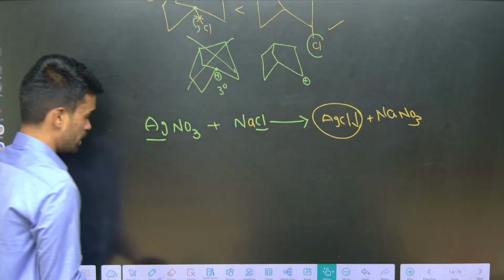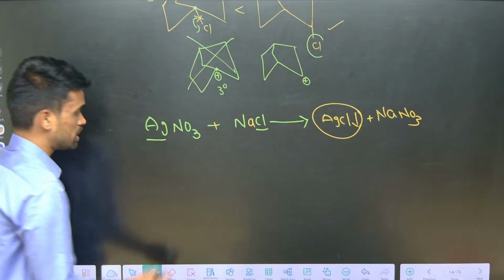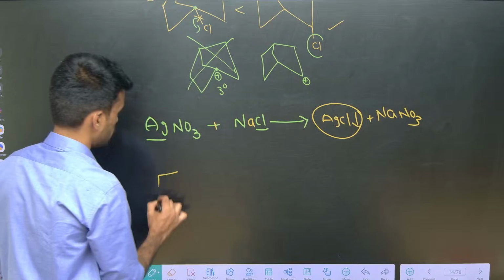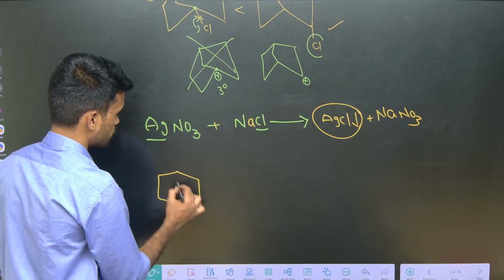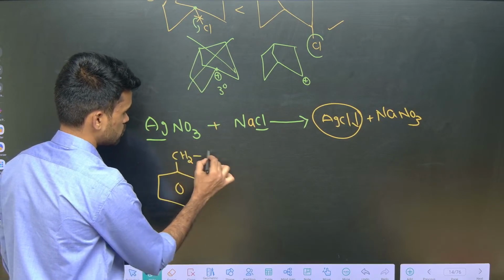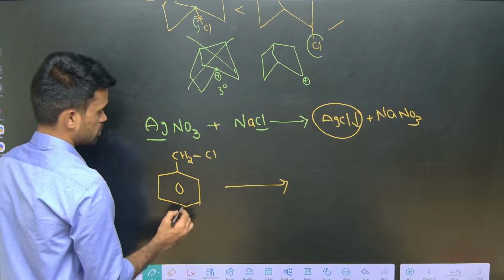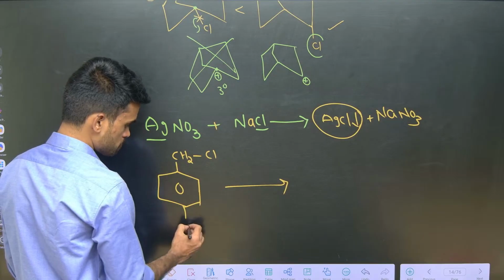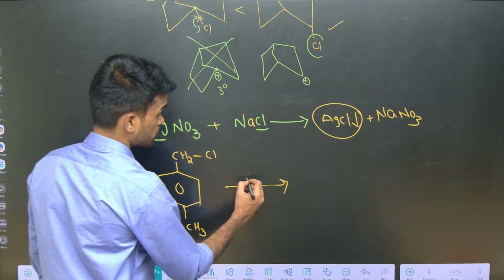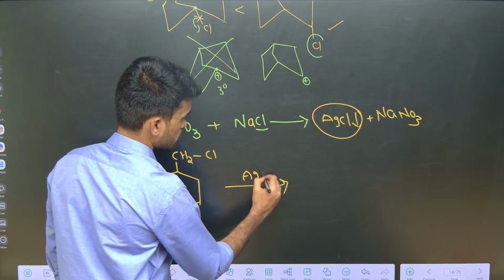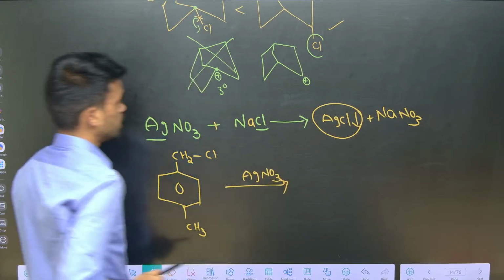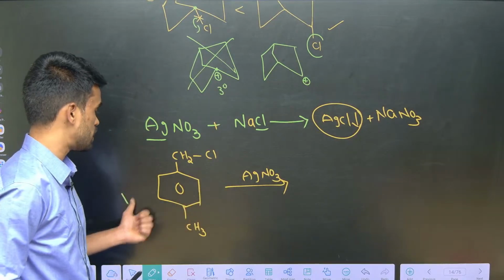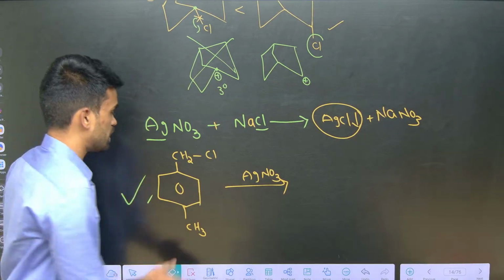In a similar way, when we are treating compounds, for example, here I will be taking one compound. They will ask whether the given substrate forms a precipitate with AgNO3 or not.